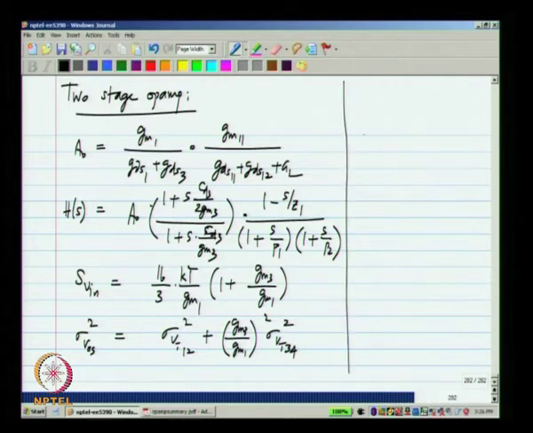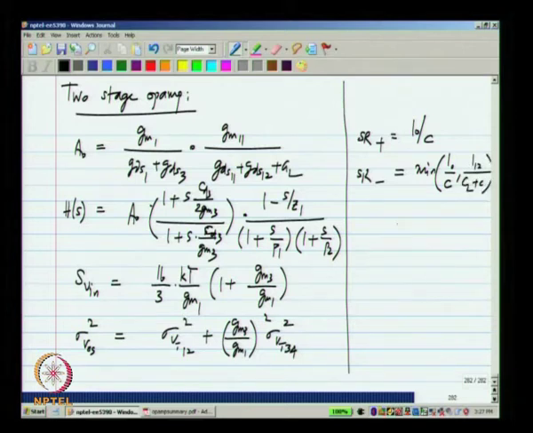And we also calculated the slew rate. And the swing limits.